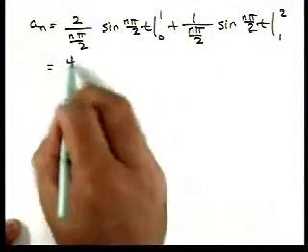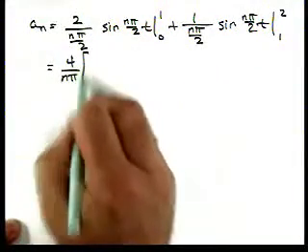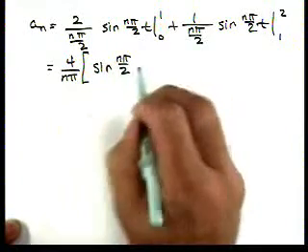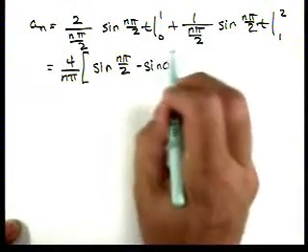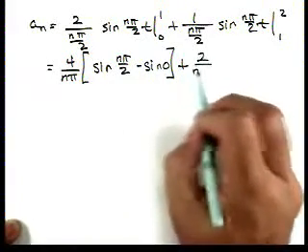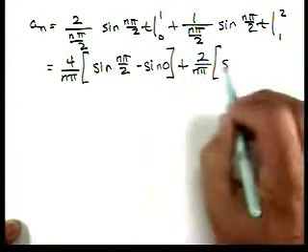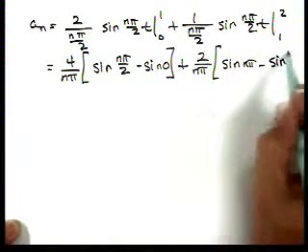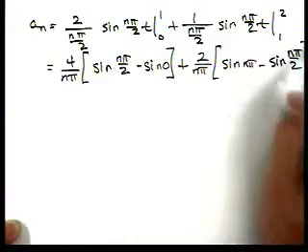So we get 4 over n pi times sine n pi over 2 minus the sine of 0, plus 2 over n pi times the sine of n pi minus the sine of n pi over 2.